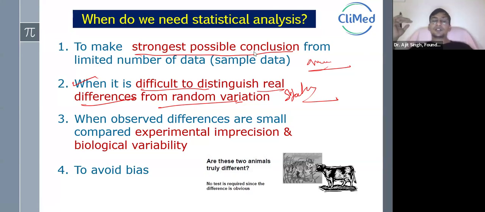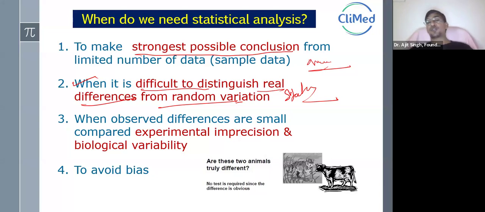So if it is difficult to distinguish by the appearances, by the numbers, then you have to go for the statistical analysis, and that avoids bias.